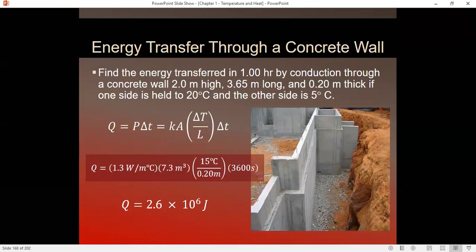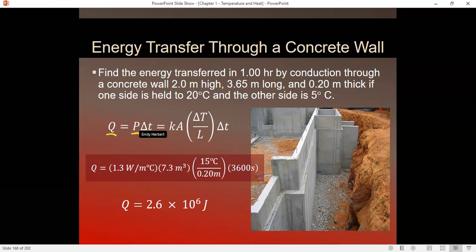Let's look at the energy transfer in 1 hour by conduction through a concrete wall. And just to let you know, oftentimes now they'll actually insulate foundations to prevent this transfer, okay? So we know that power is equal to energy divided by time. So we want the total heat that's transferred, okay?